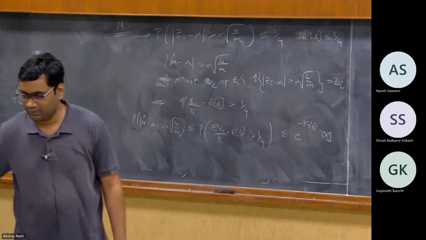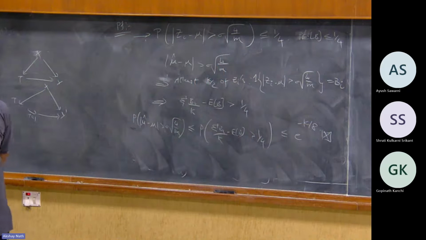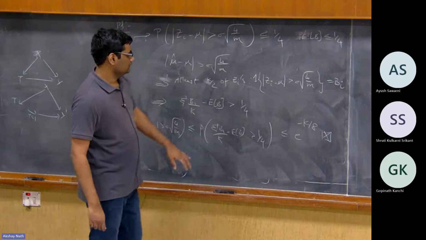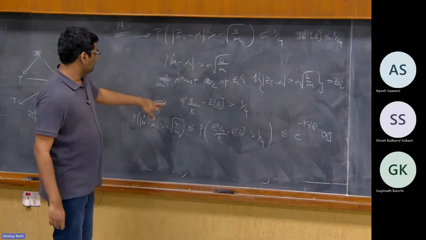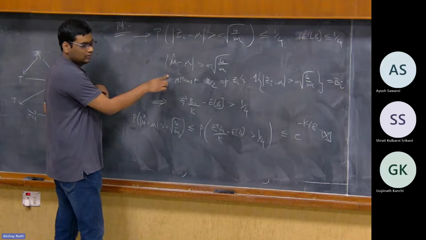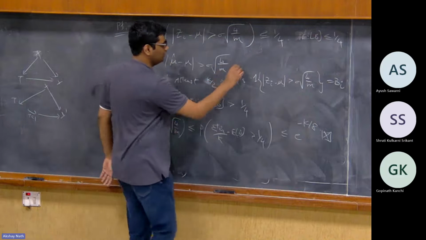Sorry, one step back again, but the second statement: at least k by 2 of the zi's have bi equal to 1. Why is that? I'm looking at this event. Suppose this event is true. Just look at the lower tail.